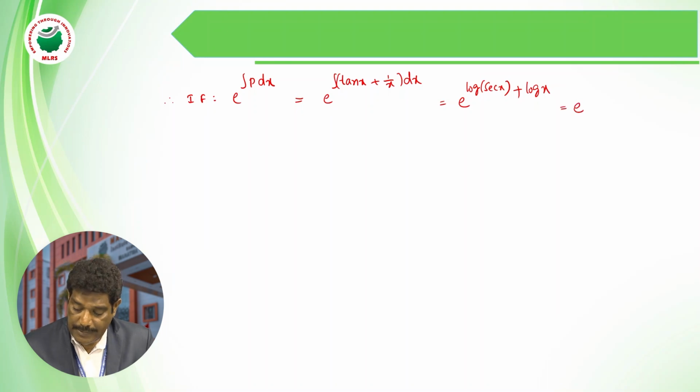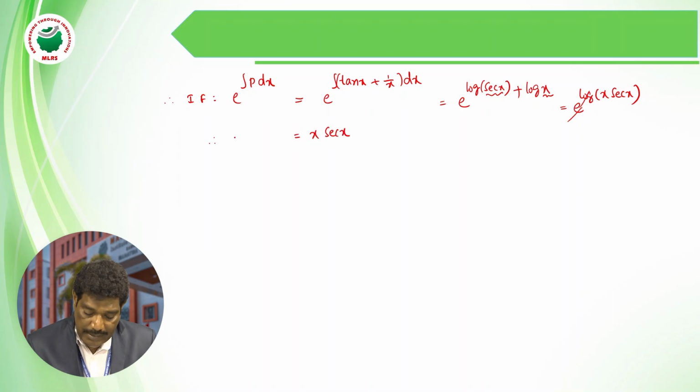This becomes e to the power of log of something plus log of something, that becomes log of x into secant x. Now the exponential and log are inverse functions, so cancel them. The remaining is x into secant x. So this will be our integrating factor.